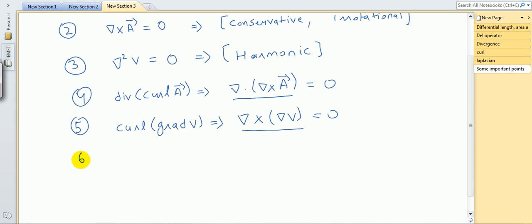Sixth is, if I want to find the Laplacian of a vector. I have done the Laplacian of a scalar.